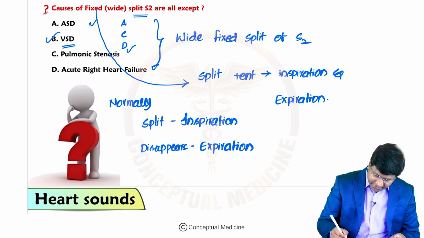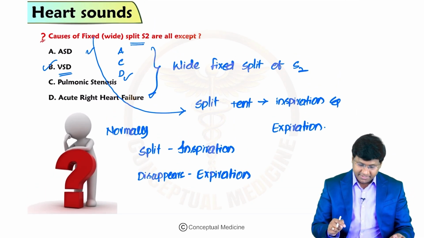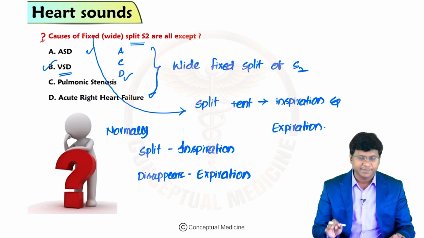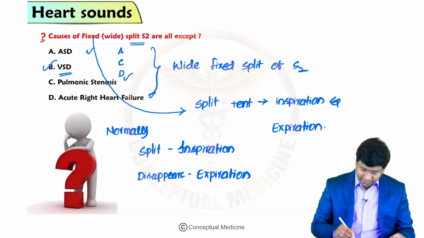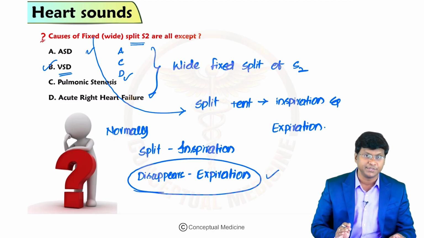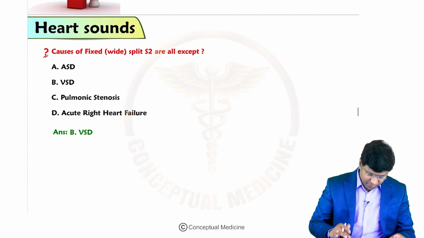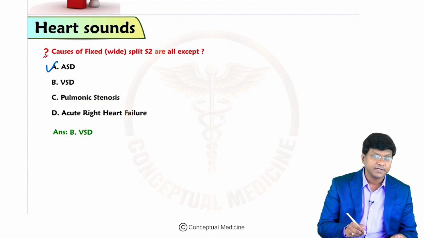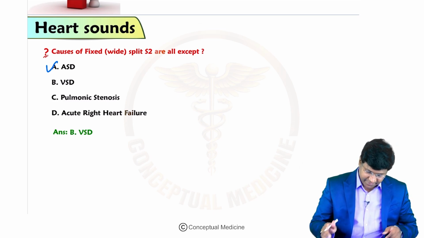That is what will happen in a normal individual. But here in case of ASD, you have the split both during inspiration and as well as expiration. And why the split disappears during expiration, I have told you the mechanism also. Now let me tell you the mechanism for a fixed split in the ASD.